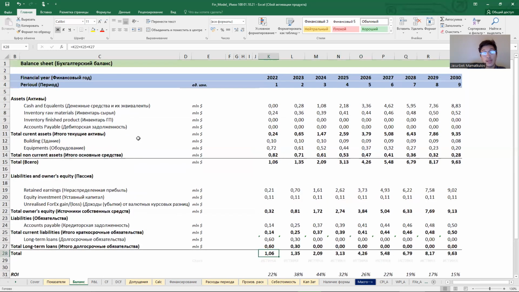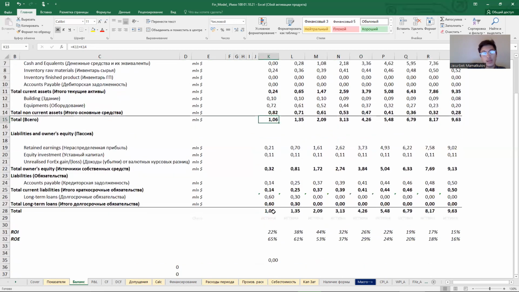The amount of money in assets and in liabilities and owner's equity should always be the same. If it's not the same, we will not get the true answer. It will show us false rather than true.